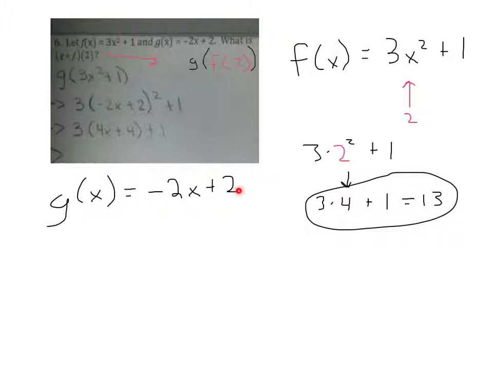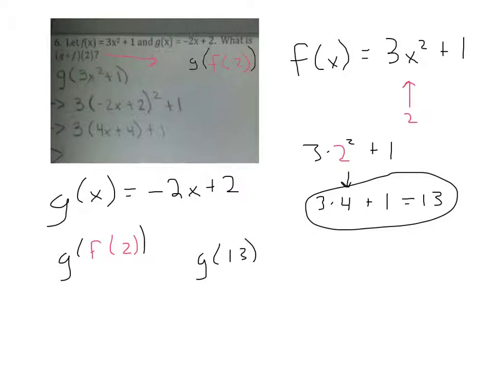So because they asked us to do g of f of 2, well, we figured out what f of 2 is. F of 2 worked out to 13. So now we just need to do g of 13.